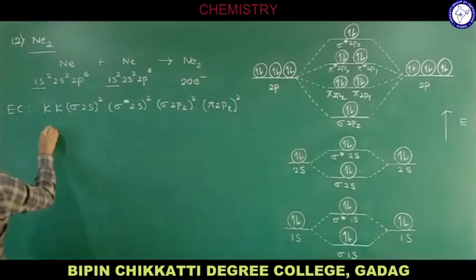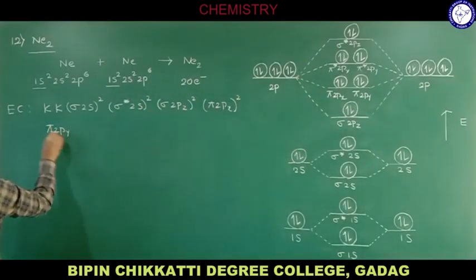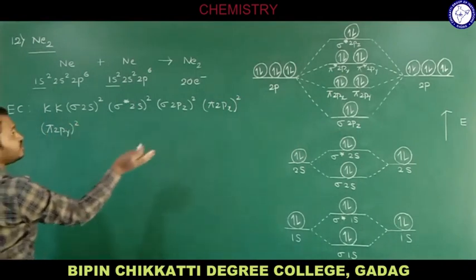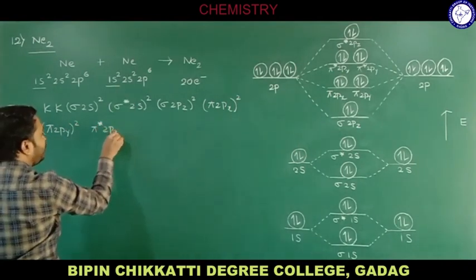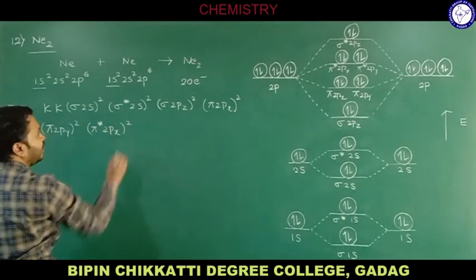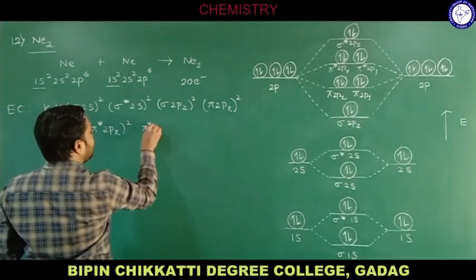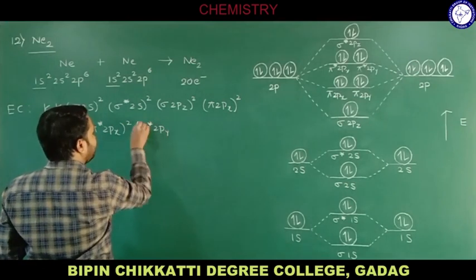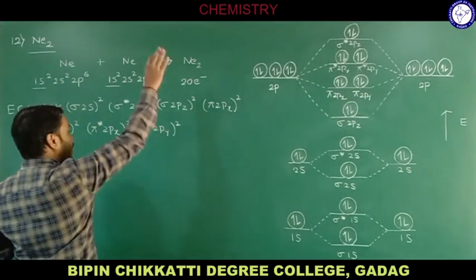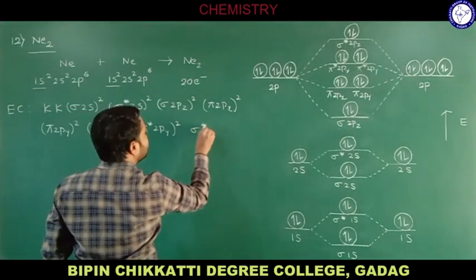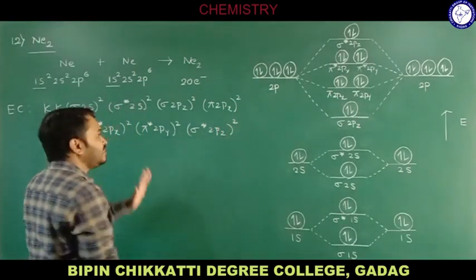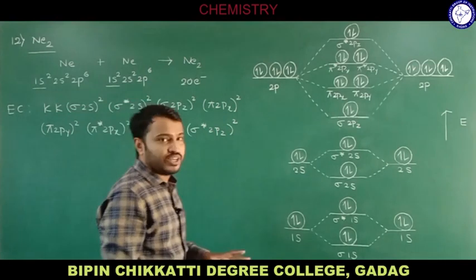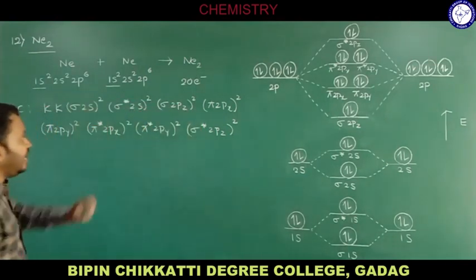Next we have pi 2py with 2 electrons. I will move to the next molecular orbital, pi star 2px with 2 electrons, and pi star 2py with 2 electrons. Next one we have sigma star 2pz with 2 electrons. That is the electronic configuration of Ne2. So this is how we can write the electronic configuration.